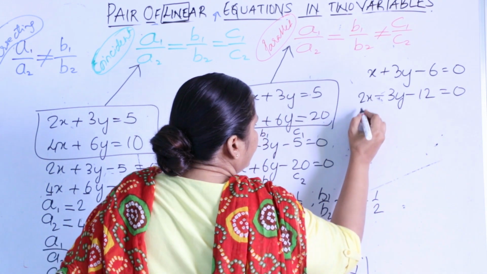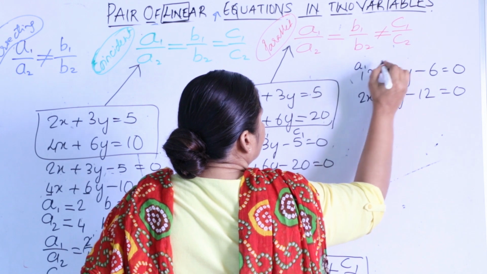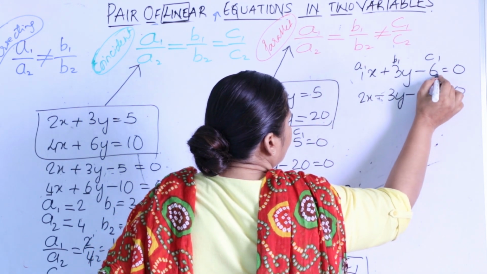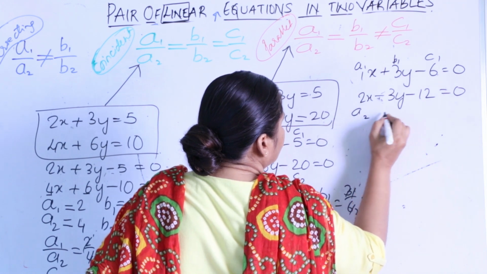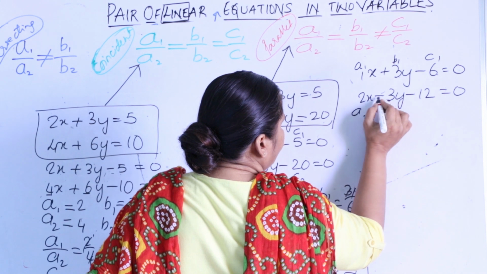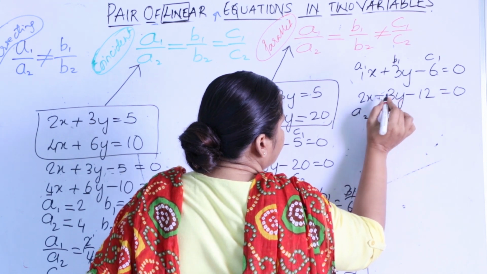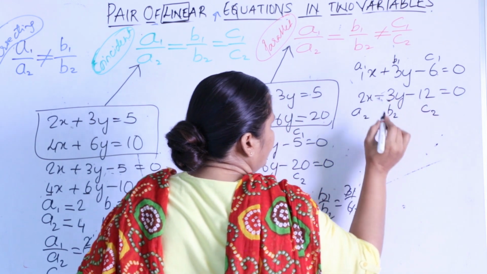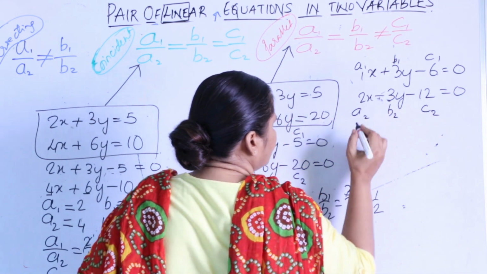So, let us say a1, b1, c1 is minus 6, be careful. a2, b2 is minus 3. Again, as soon as you see a minus sign, you should be very cautious. This is c2, minus 12. Remember, it is minus 12.